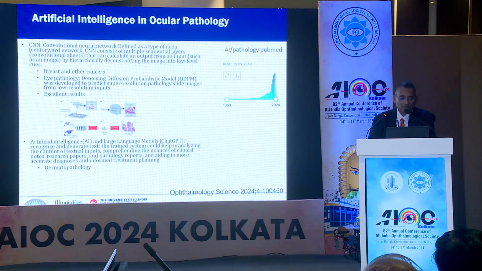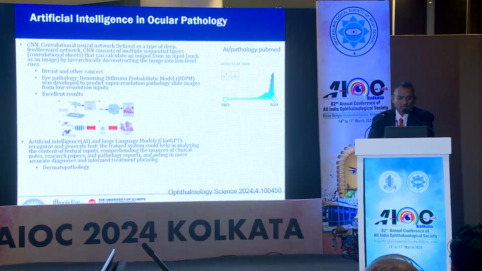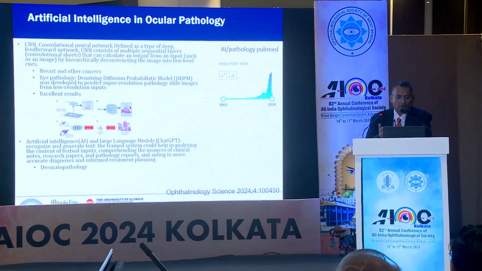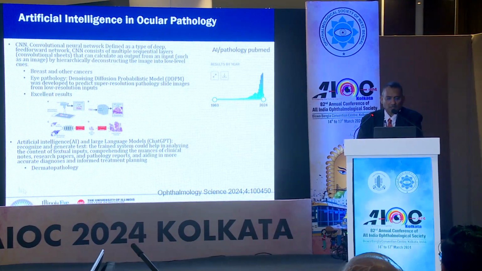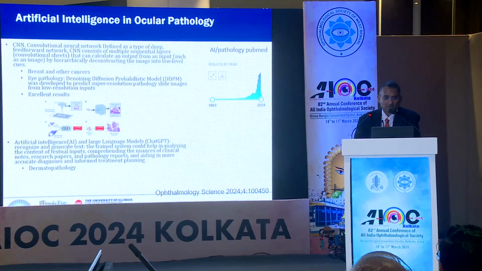Also, there are GPT models now in dermatopathology which can generate a lot of text and analyze the clinical inputs and also the research papers and pathology reports, and give you a more informed decision for planning. So there are papers in dermatopathology describing the use of these large language models.